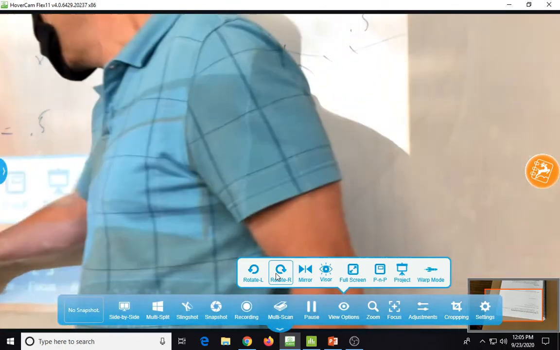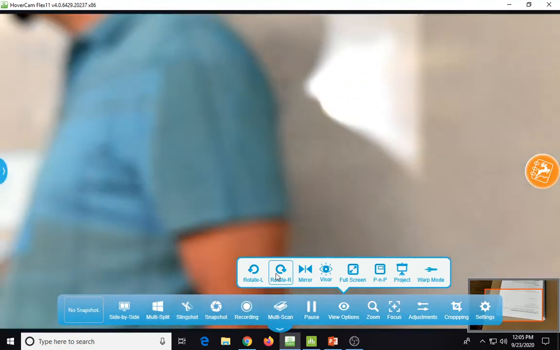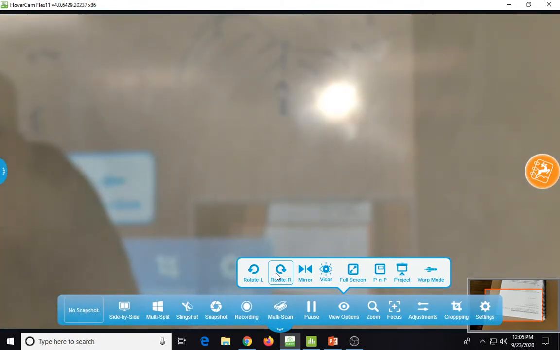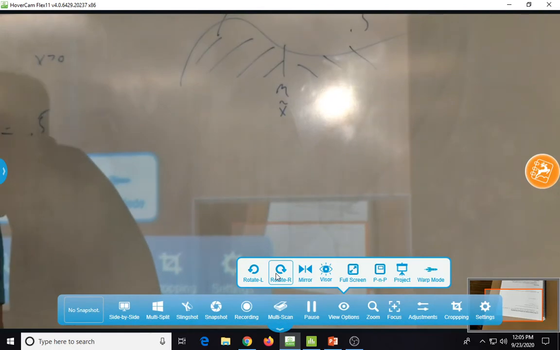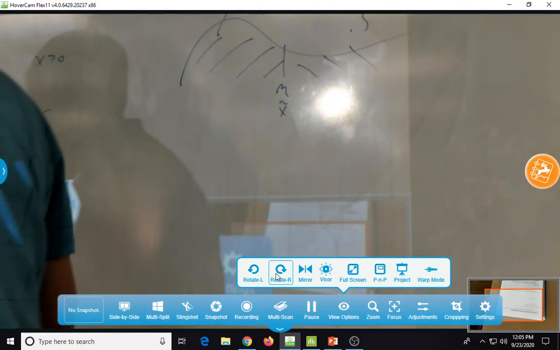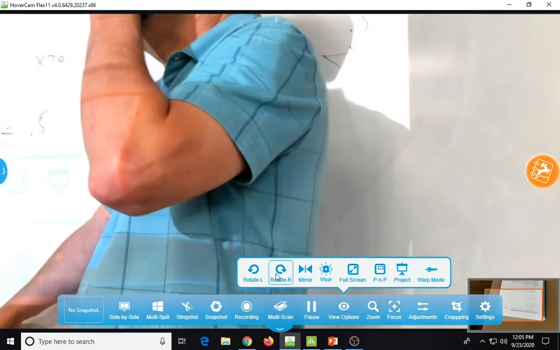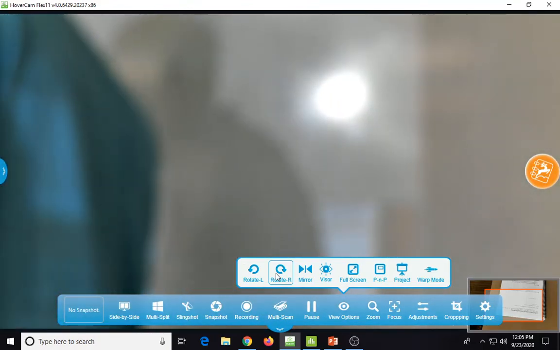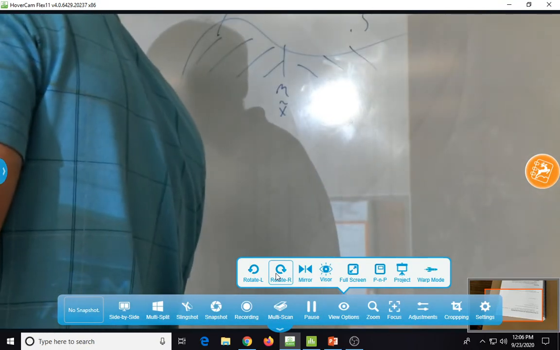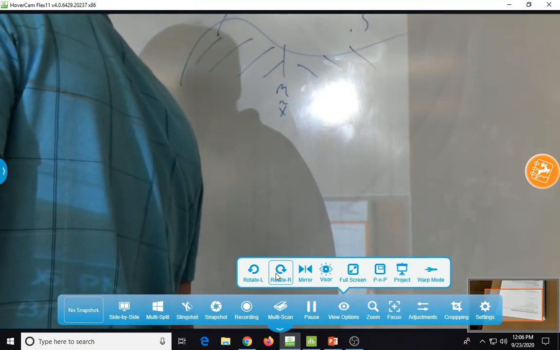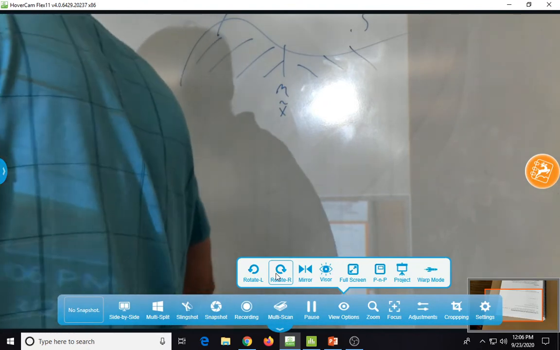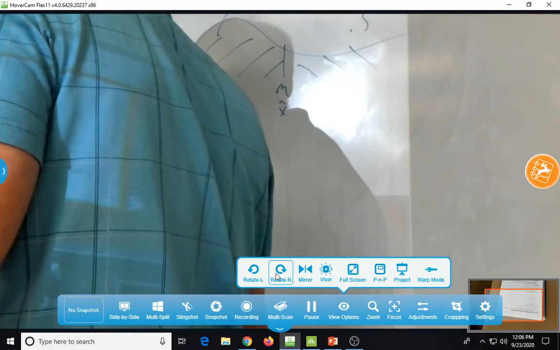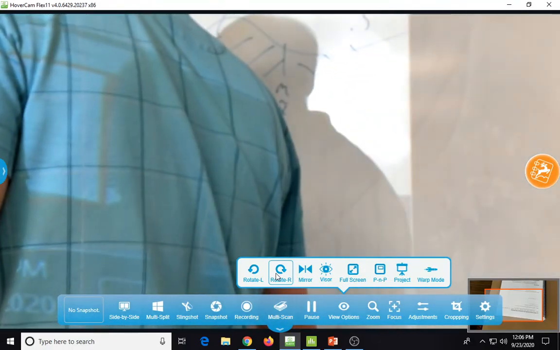So negative eta squared over 2 theta squared equals natural log of 0.5, which is good because the natural log between 0 and 1 will be a negative number. So eta squared is equal to minus natural log of 0.5 times 2 theta squared.